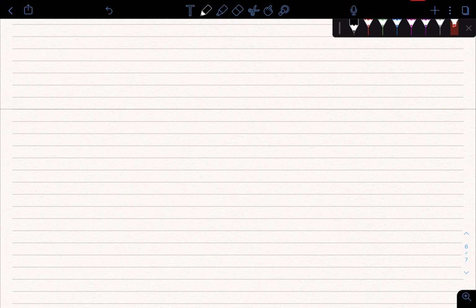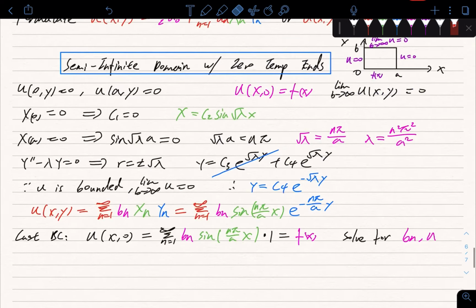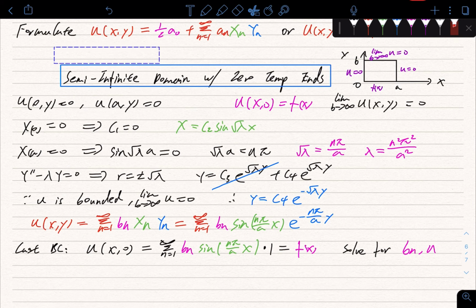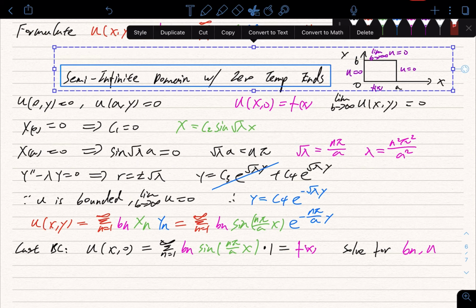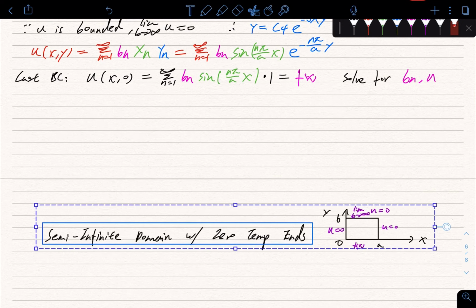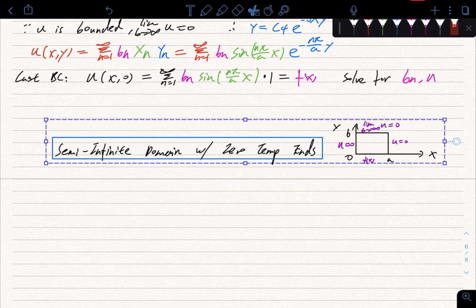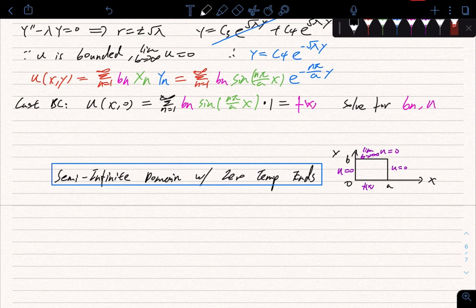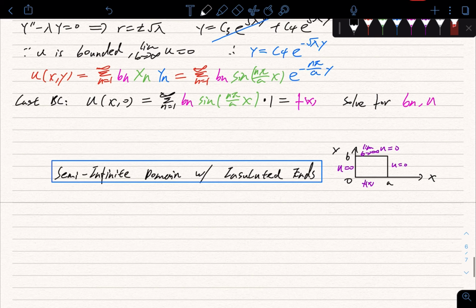I'm just gonna copy the entire thing and paste it, and then with insulated ends. Let me just write down my boundary conditions, and then I'll tell you what they mean.